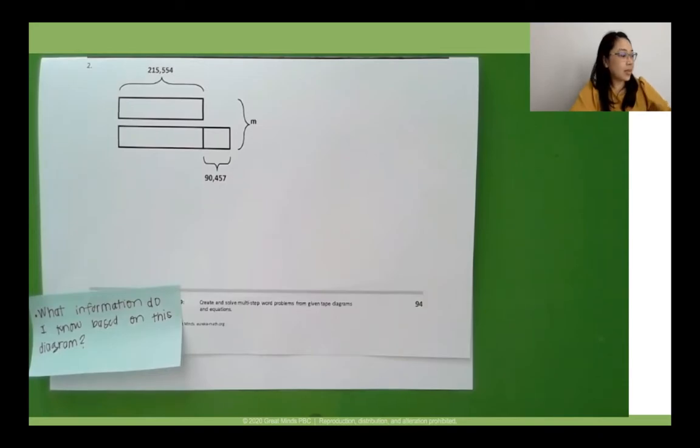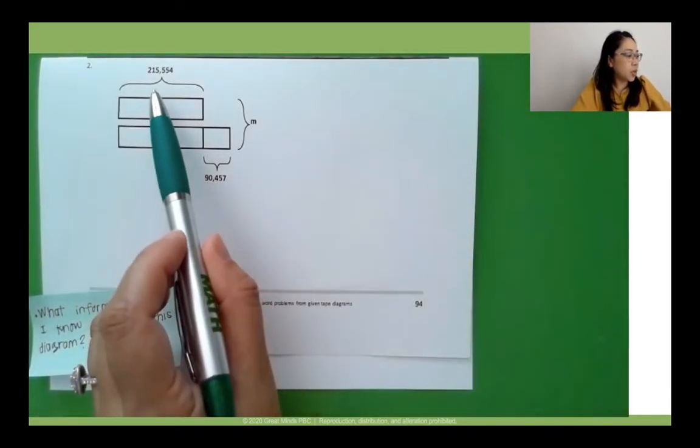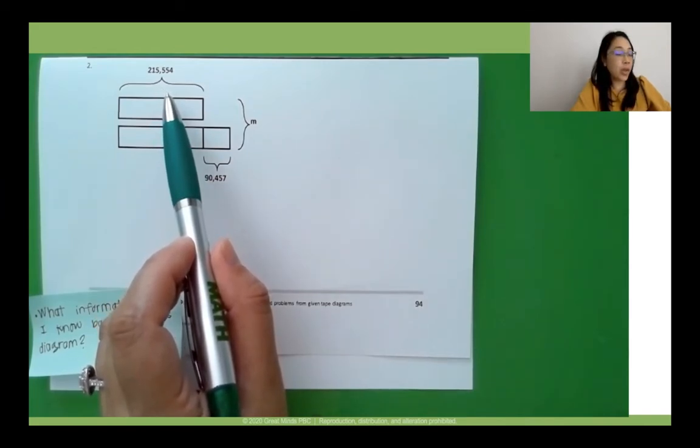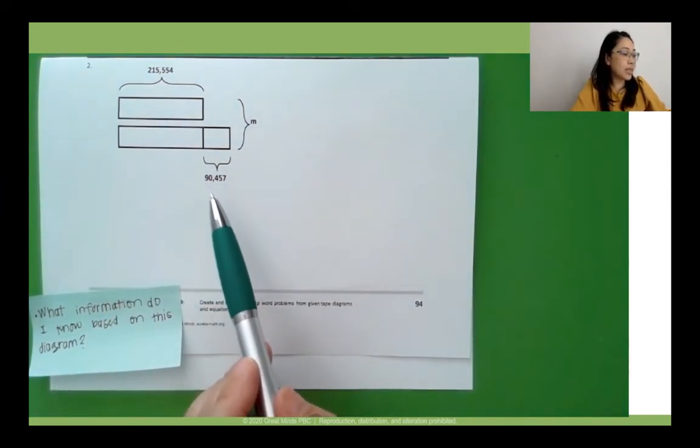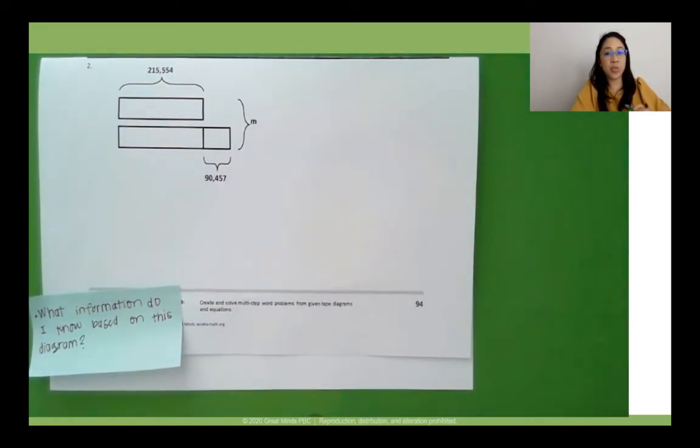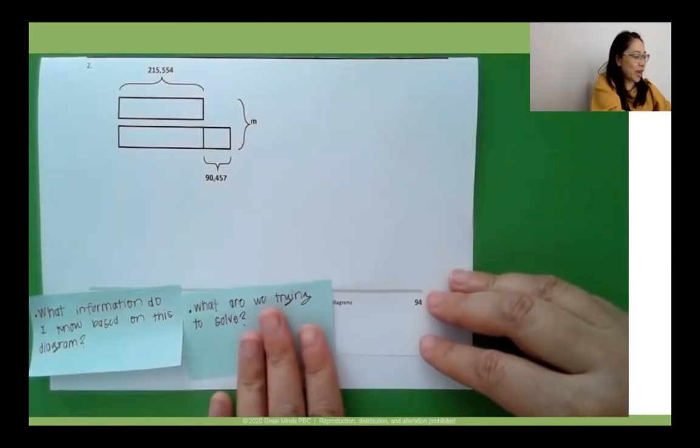We can see that the first tape equals 215,554. We can also see that the second one is 90,457 more than the first one. Next question. What are we trying to solve?